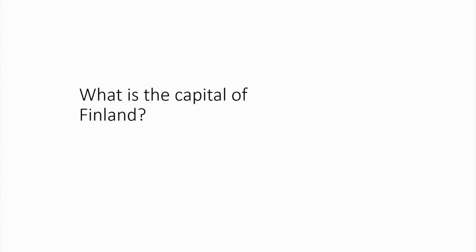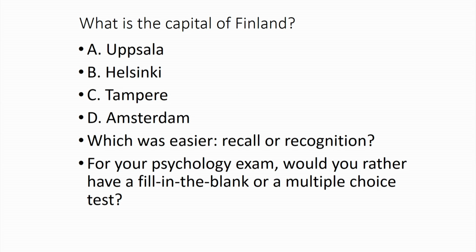For example, look at this question: what is the capital of Finland? No answer is given, and so whenever you try to give an answer, it happens through recall, because you search your memory for it. And look at these, these are 4 answers which are given. I am pretty sure that you know the answer. The answer is Helsinki.